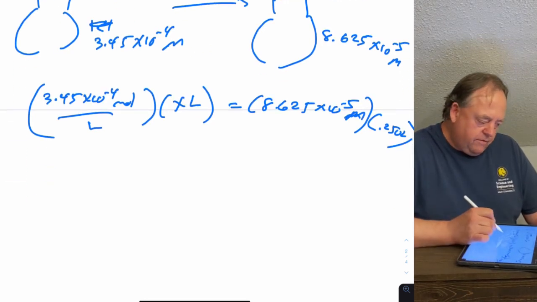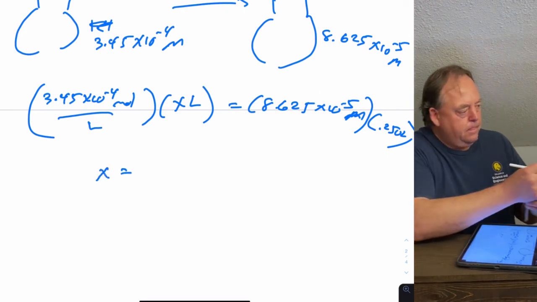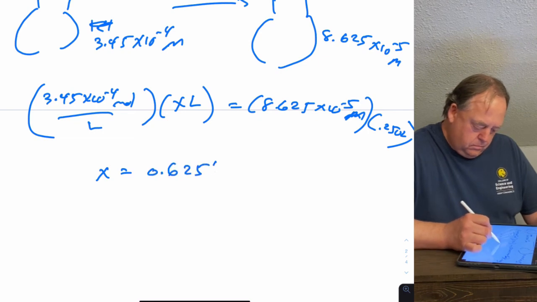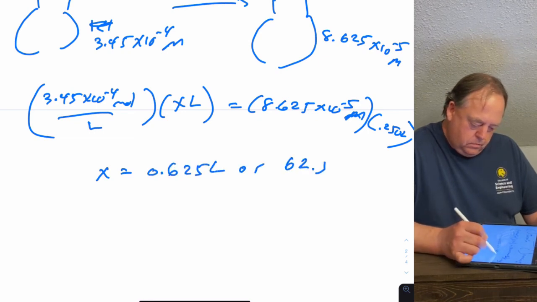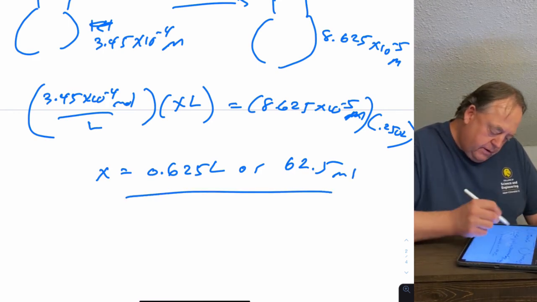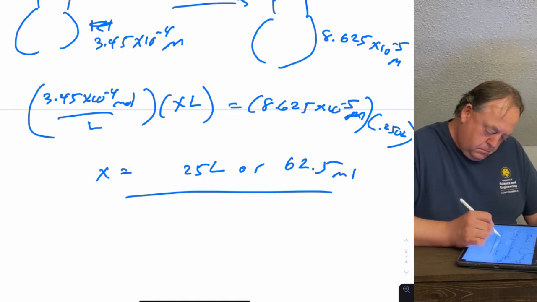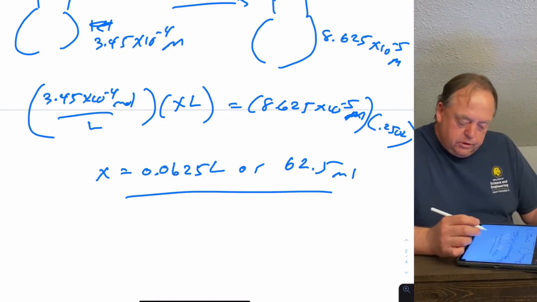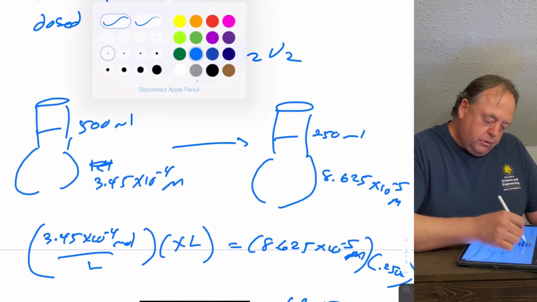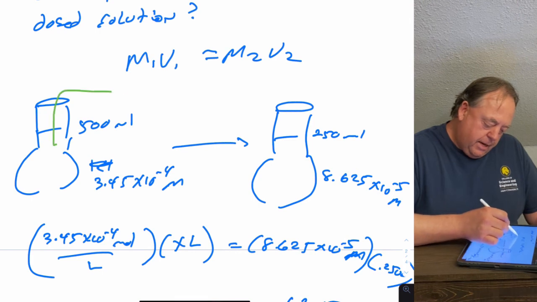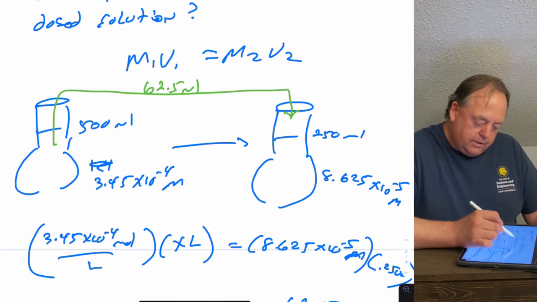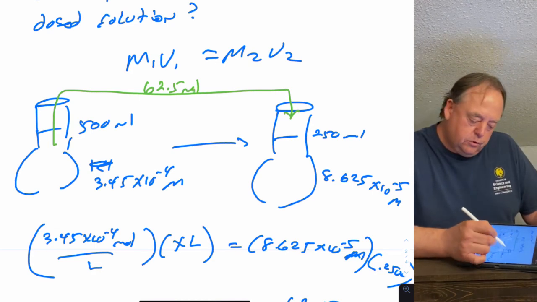Okay, so if we just solve that for X, then X is 0.0625 liters or 62.5 mL. So if you were doing this in lab, you would take a pipette and pipette out 62.5 mL of the more concentrated solution into the flask for the dilute solution.